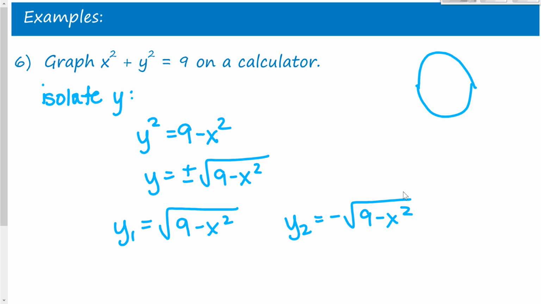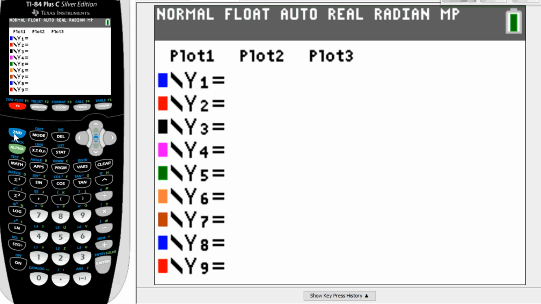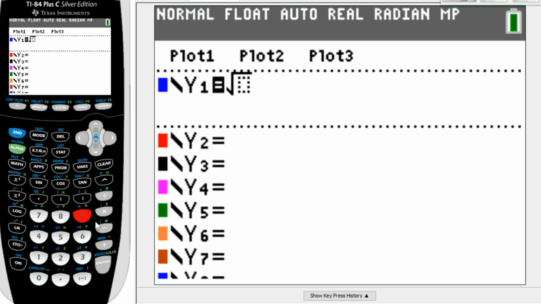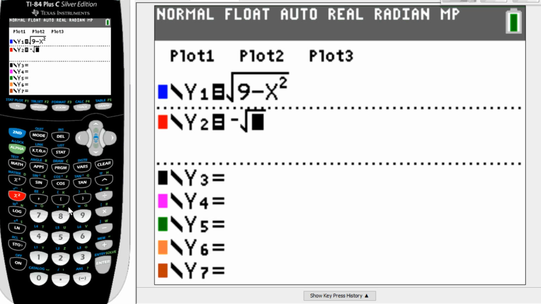So then let's grab a calculator. There's mine. So go to y equals, and I have the square root of 9 minus x squared. And then I have the opposite of, be sure to use the opposite button under the 3 and not the minus button, the square root of 9 minus x squared.